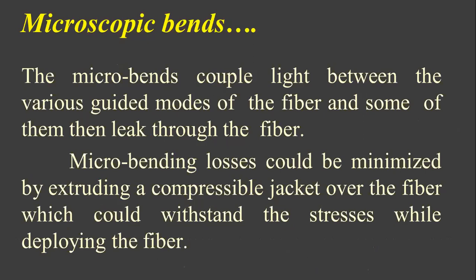These microscopic bends couple light between the various guided modes of the fiber, and some of them then leak through the fiber. That means leakage of the signal may take place, because when you say that the signal is leaking, the total internal reflection is not taking place inside the cable.